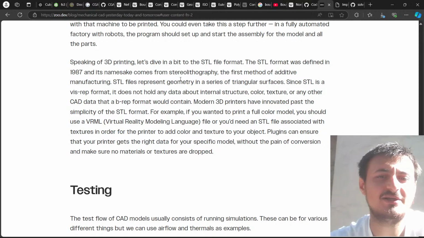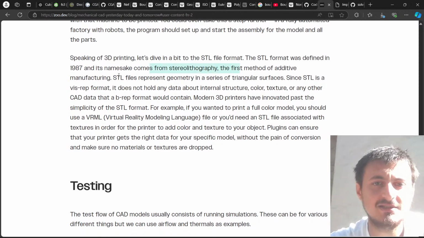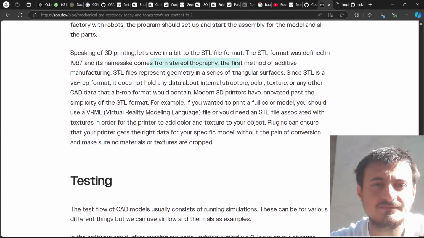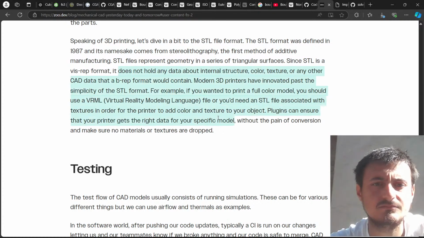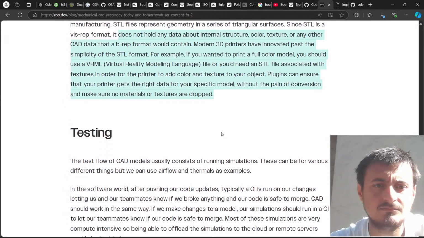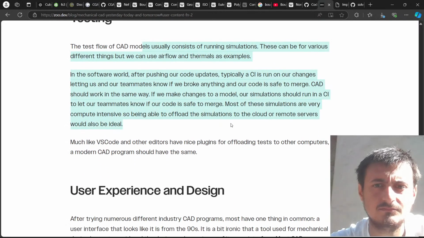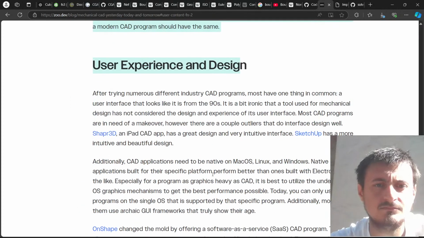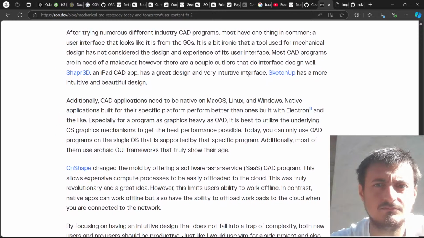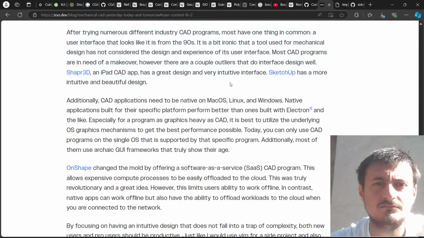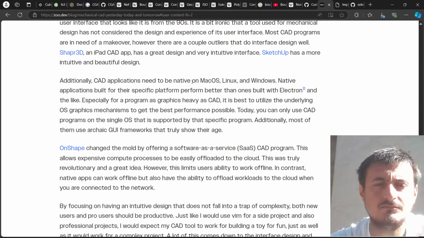I should read about the history of 3D printing because I actually don't know what came first, but presumably it's SLA. I should try Shaper.